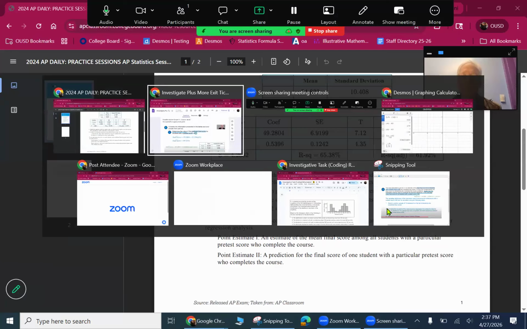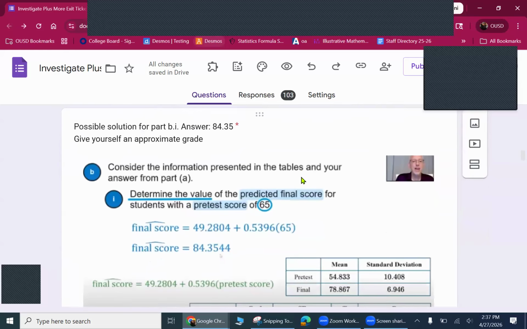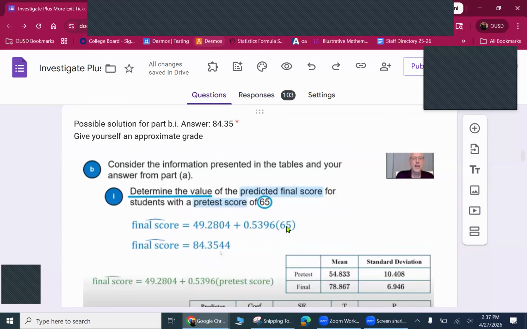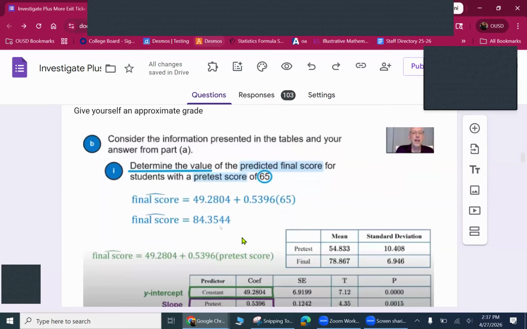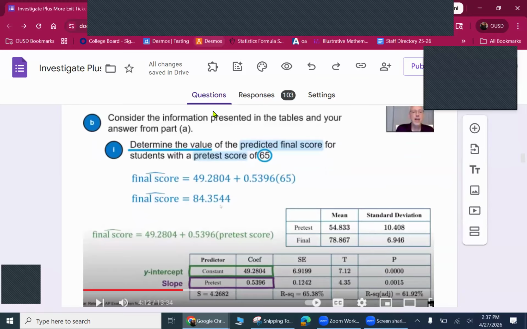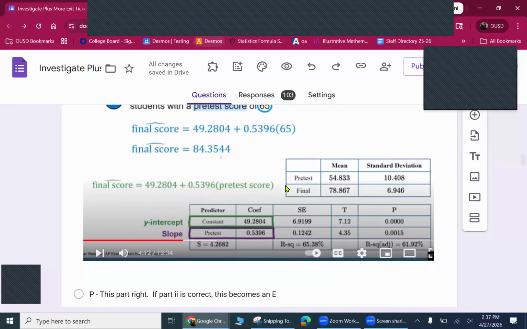Regardless of what you said for the first one, whatever you set up here, as long as you plug in 65 for x and come up with a value, you're going to get a half point here. Hopefully that's what you got. But once again, you could have done y equals 2x plus 1, plug in 65, and you would get half a point here.